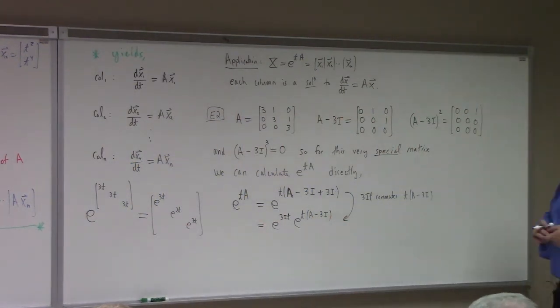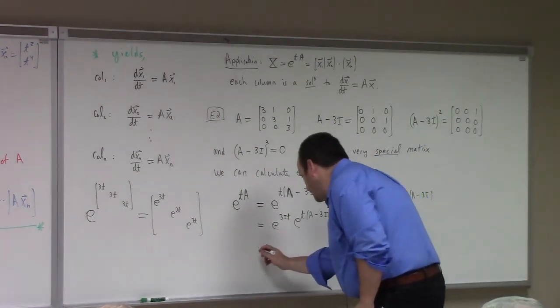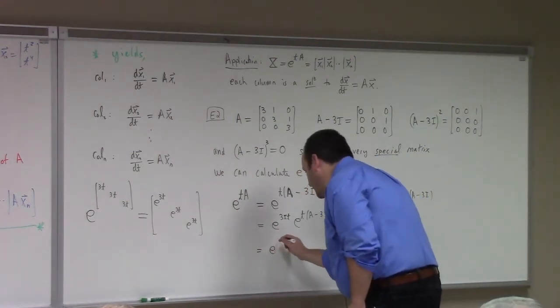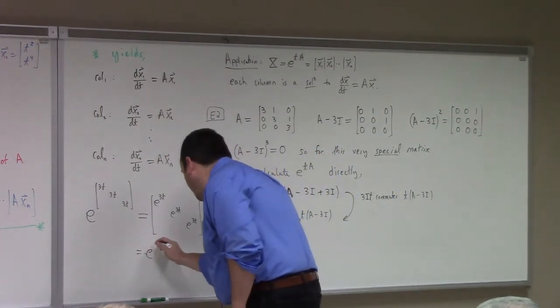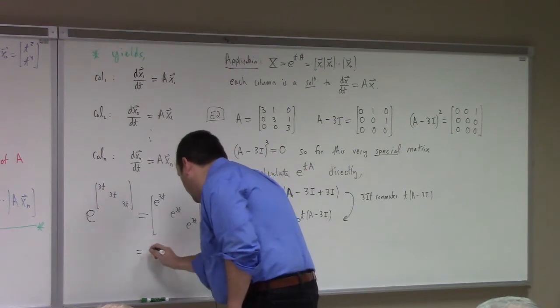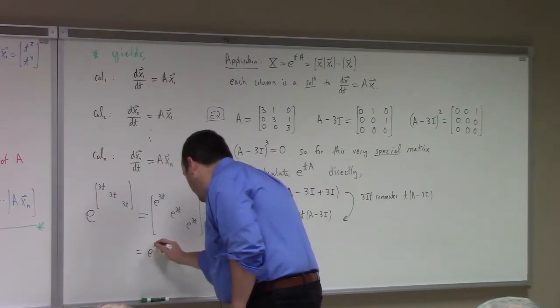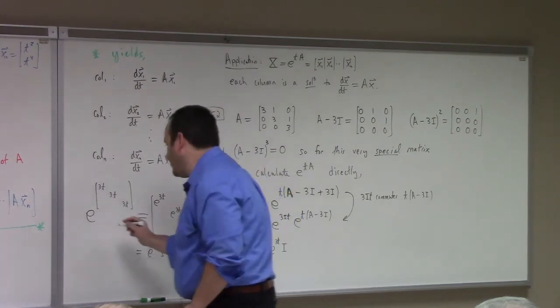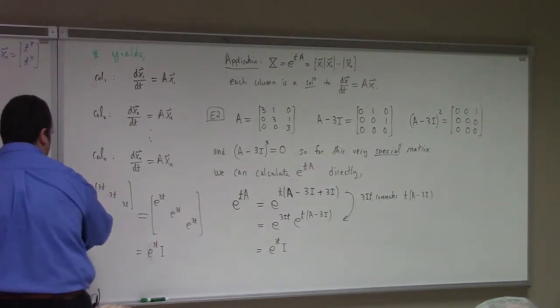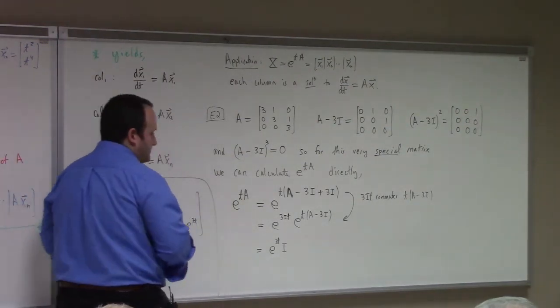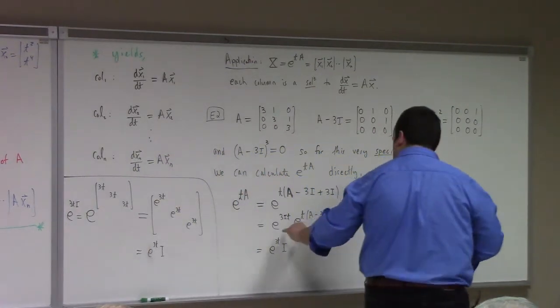So that front factor just works out to e to the 3t times the identity matrix. So that's the front term.